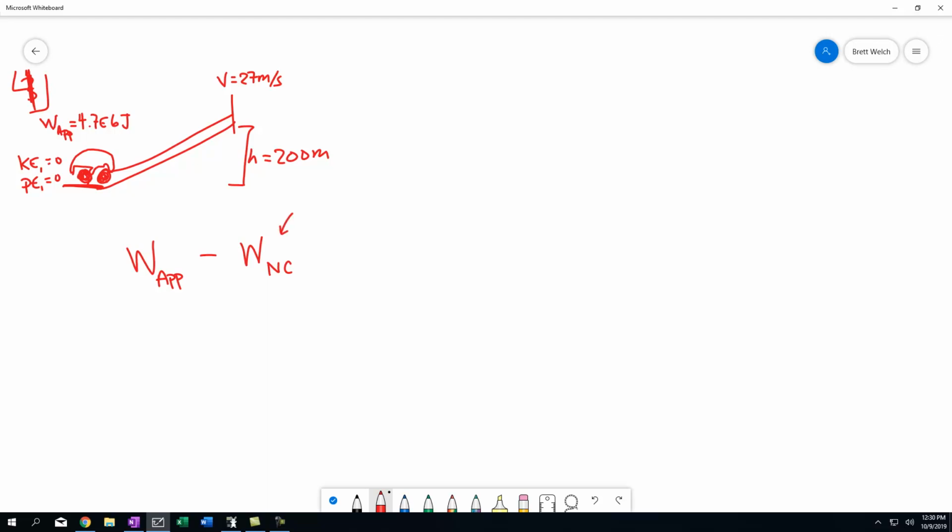Okay, so this is our friction and air. Okay, friction or air resistance. So we have what we put in, minus any losses along the way, should equal our potential energy at the end plus our kinetic energy at the end. So this is a balancing of the equation.